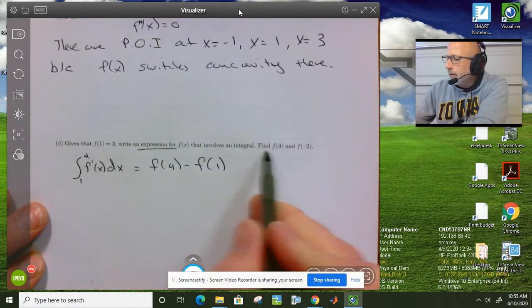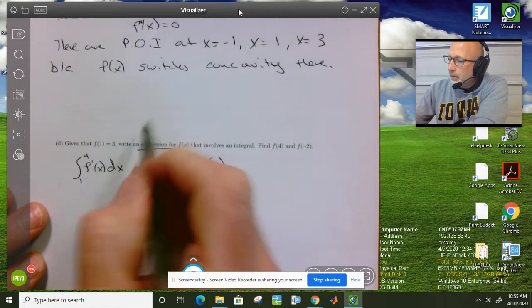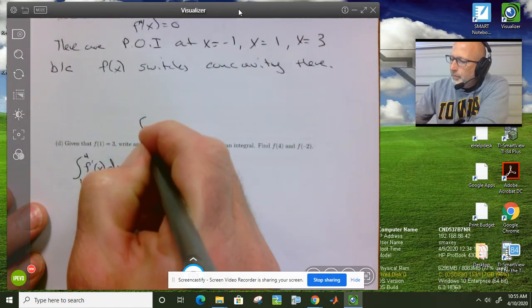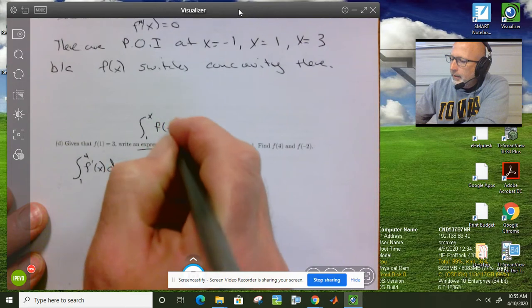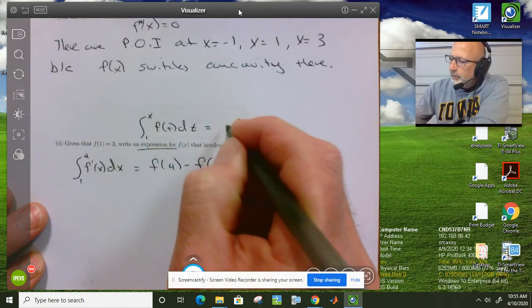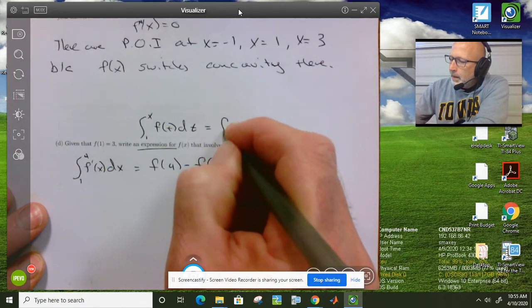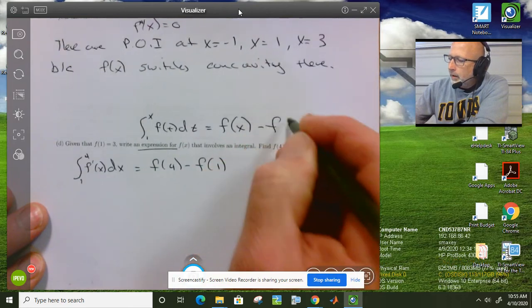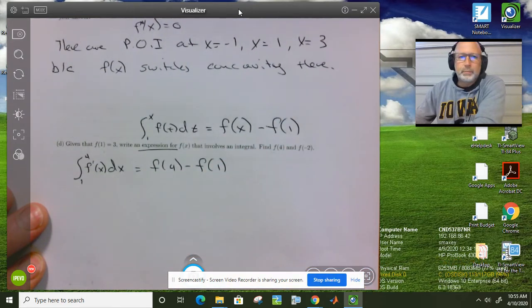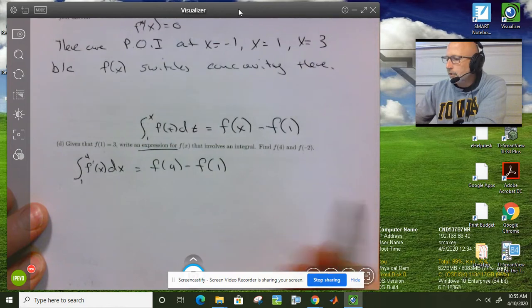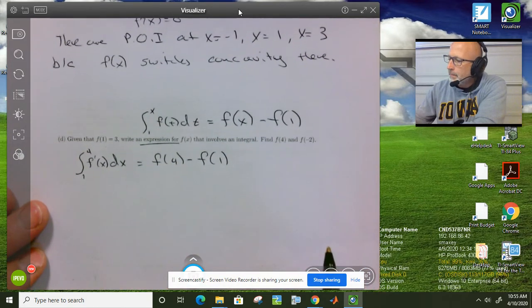Oh, this is actually for the second part. The expression part I'm going to write up here should be the integral from 1 to x of f prime of t dt is equal to f of x minus f of 1. Okay, that's the expression they were looking for.